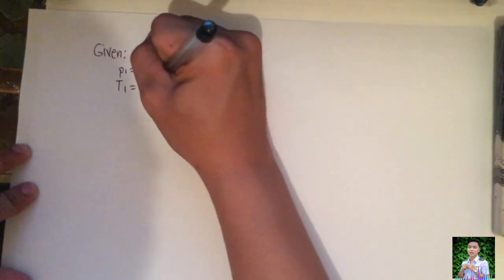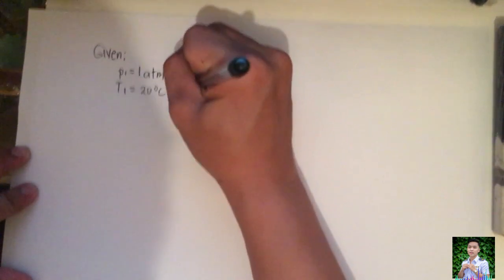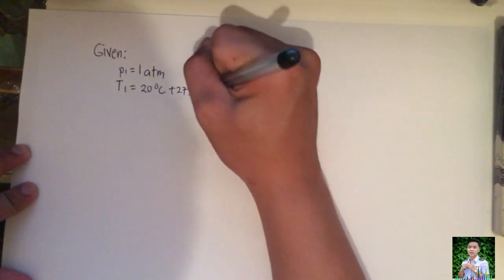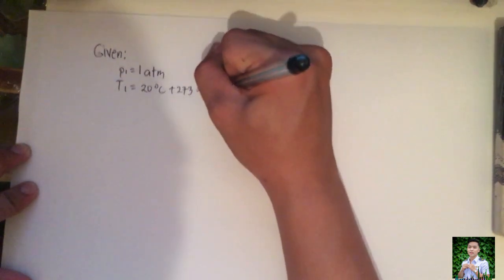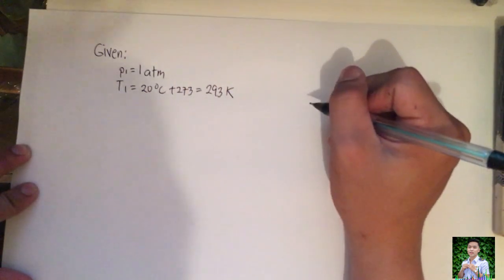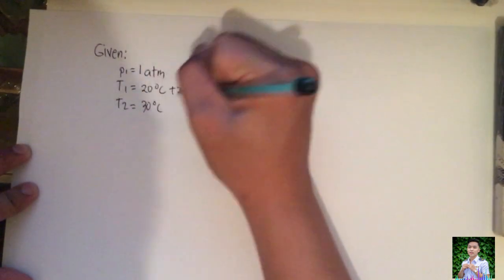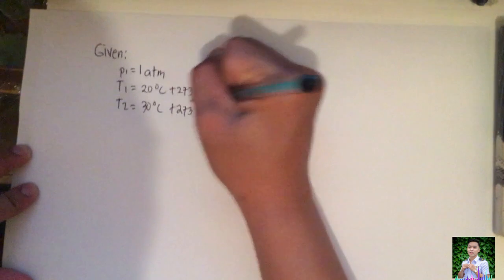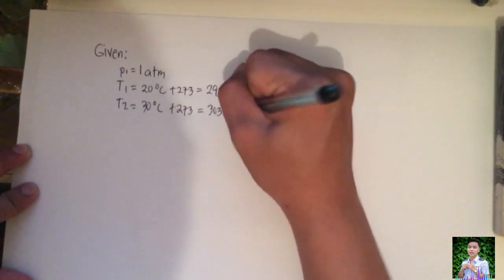T1 is equal to 20 degrees Celsius. Add 273 to convert it into Kelvin. So we have T1 is equal to 293 Kelvin. And T2 is equal to 30 degrees Celsius. Add 273 and is equal to 303 Kelvin.